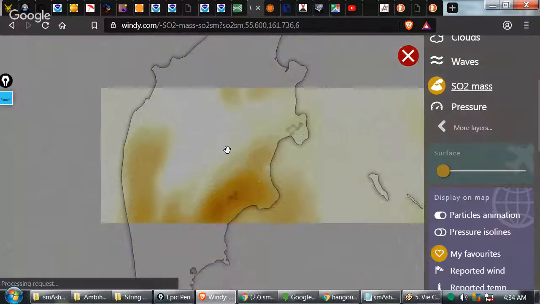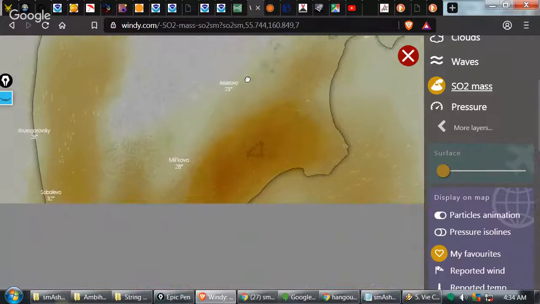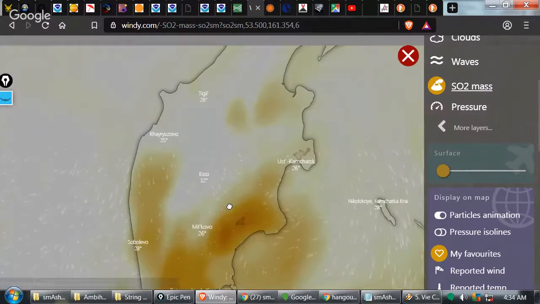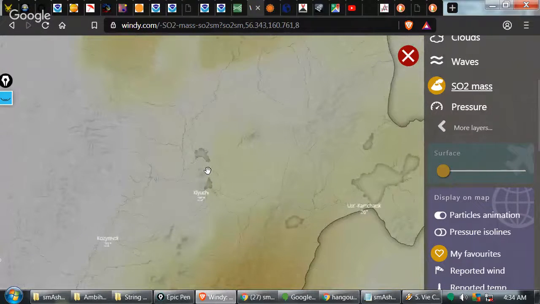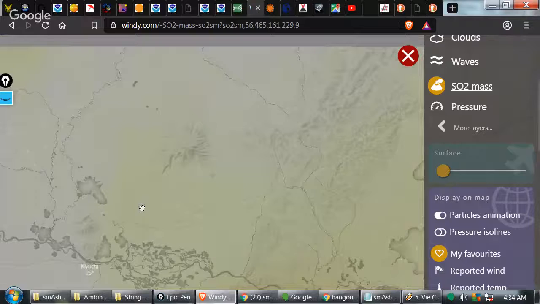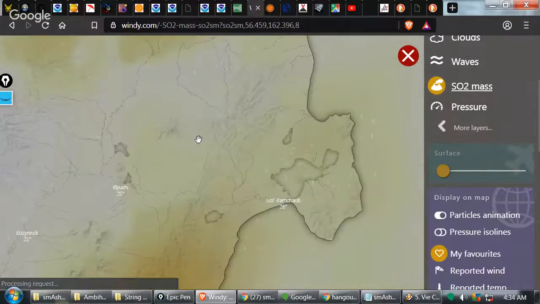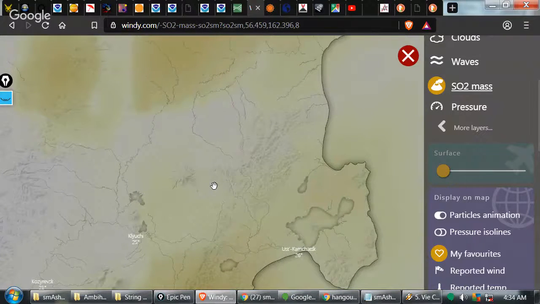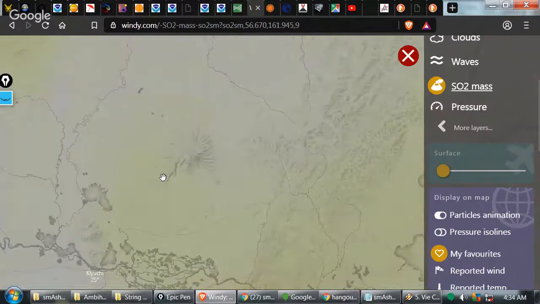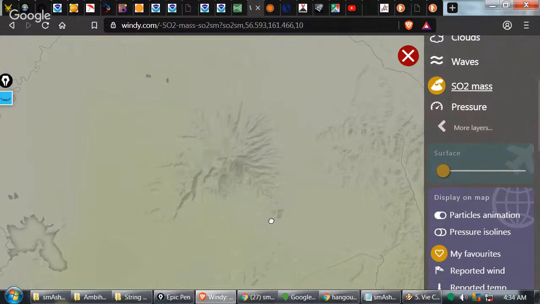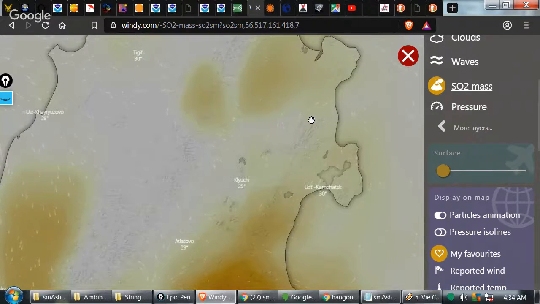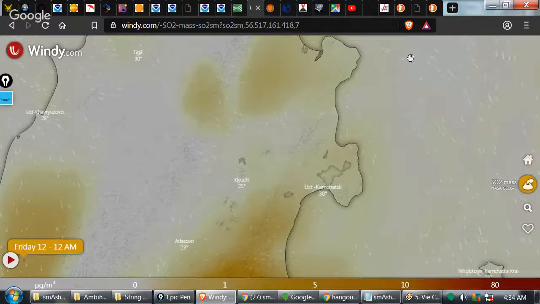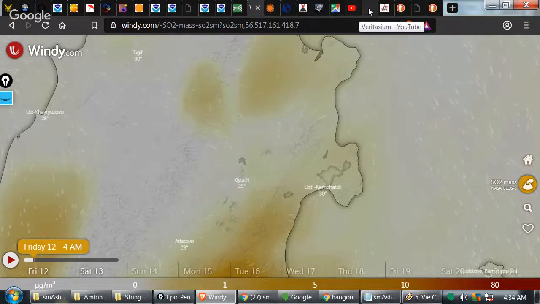And today, I actually remember where it is, folks. Well, maybe it's producing ash and there's no sulfur coming out of it. I find that a little bit extraordinary, but there's the volcano. I don't see any sulfur. So sulfur dioxide mass, also available on windy.com. Yes, a lot of data there. If you're into that kind of stuff, check it out.